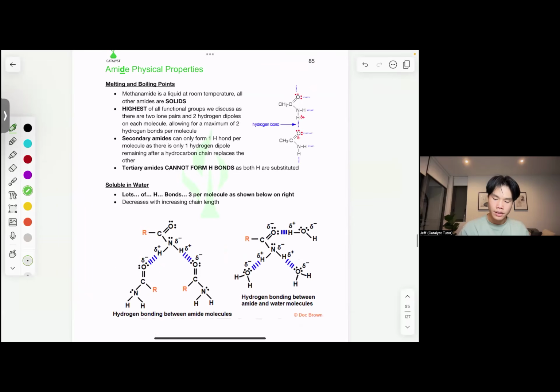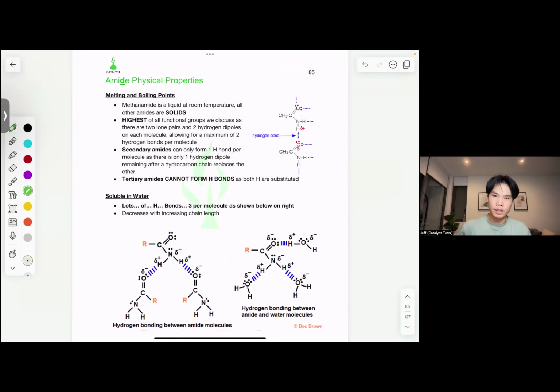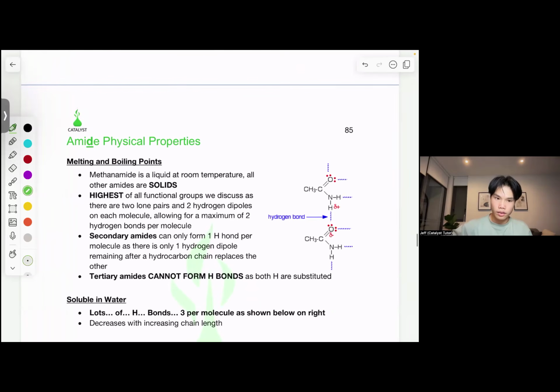And then amides form tons of H bonds. They can form 2 H bonds per molecule. And once again, if you end up with a tertiary amide, can you form H bonds in a tertiary amide? You cannot.